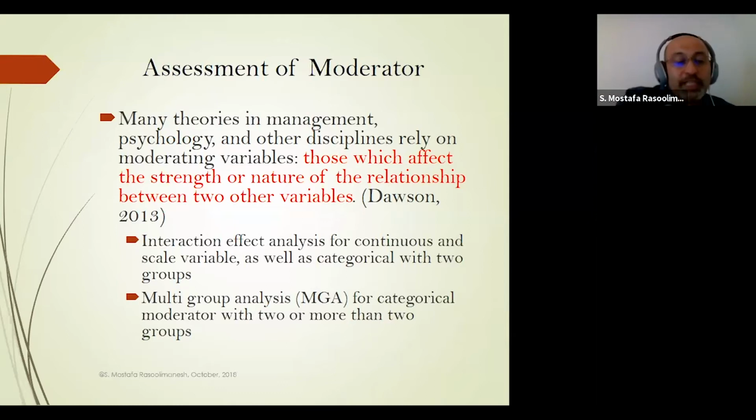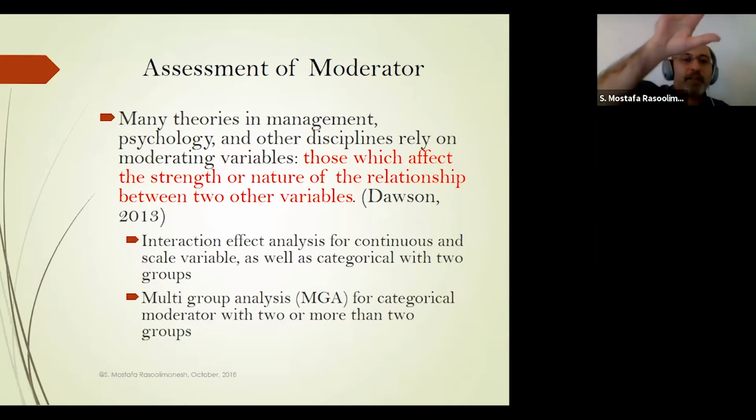Another way to differentiate between the two methods is whether the moderator only moderates one or two relationships in a framework.